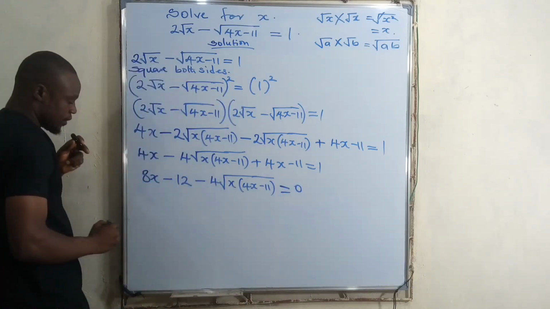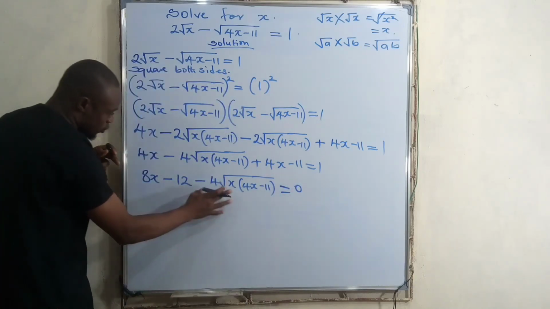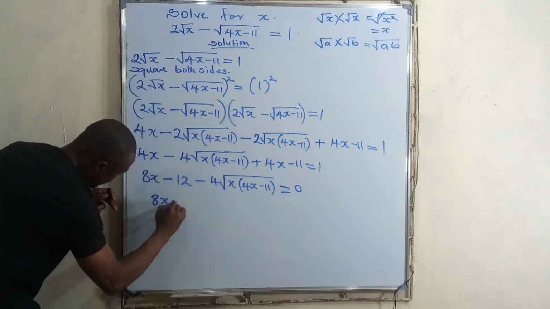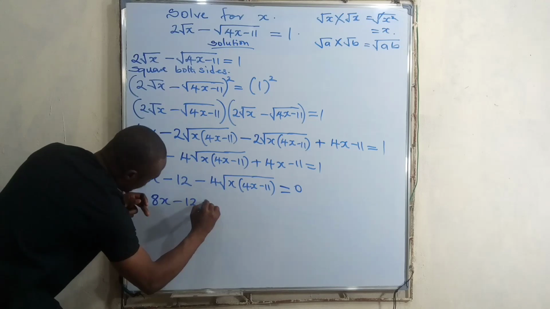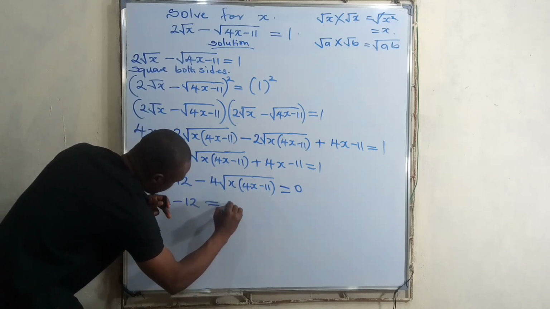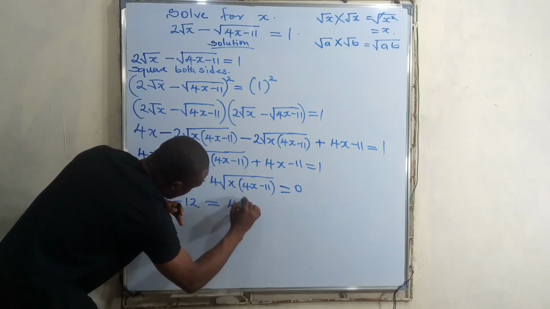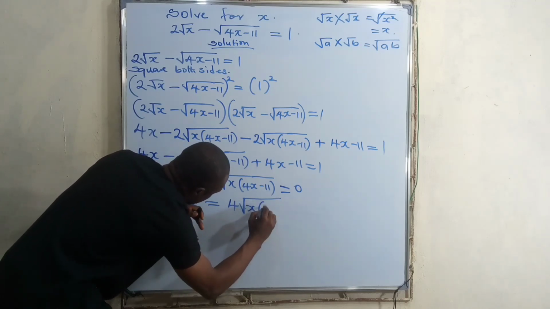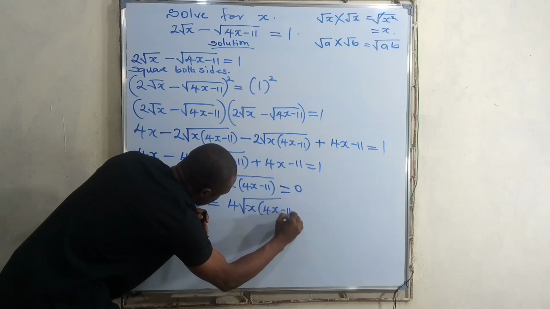So at the right hand side now we have 0. Okay, so the next thing is we'll take minus 4 and the root to the right hand side. So we have 8x minus 12 equal to 4 root x open bracket 4x minus 11.